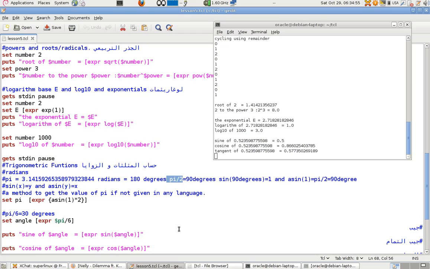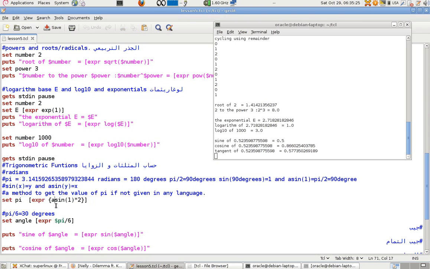The sine of 90 degrees is 1, and therefore the arc sine of 1 is pi over 2, which is 90 degrees. So to get pi, multiply the arc sine of 1 by 2. This is how you get the exact value of pi.